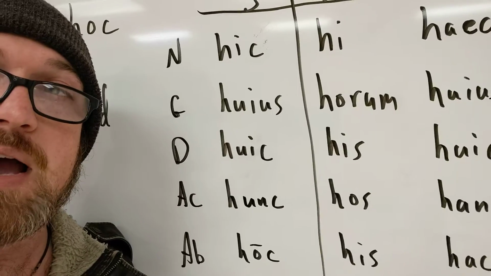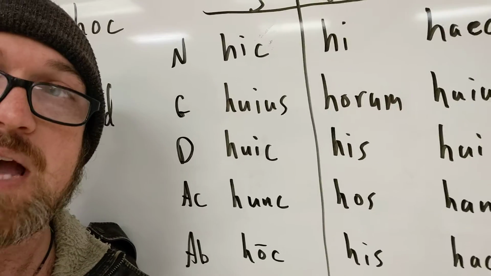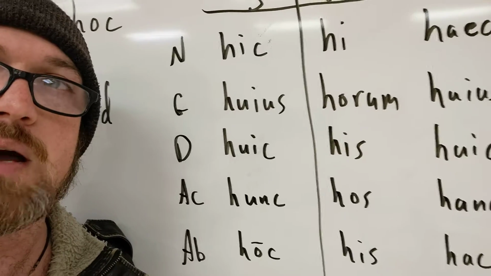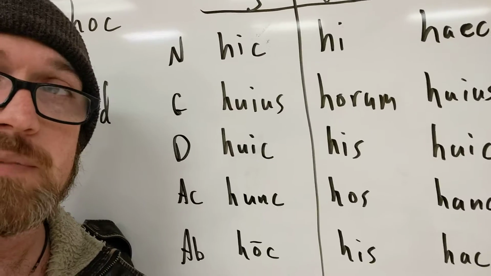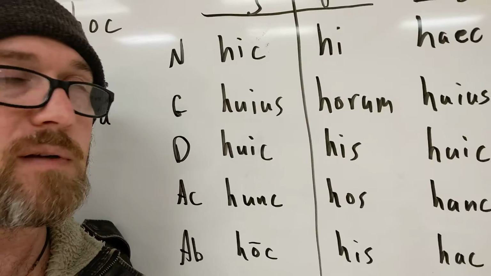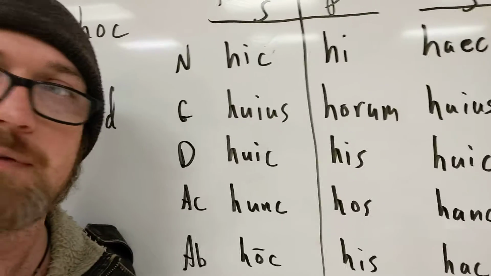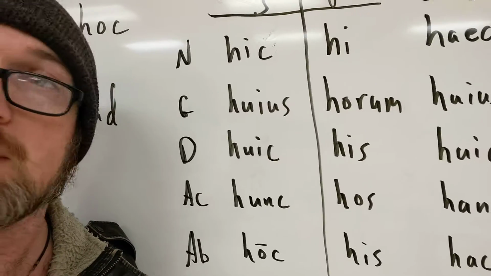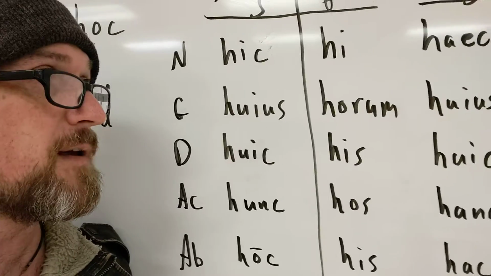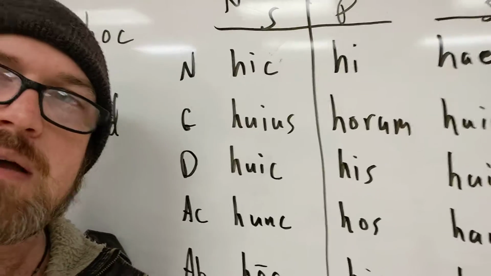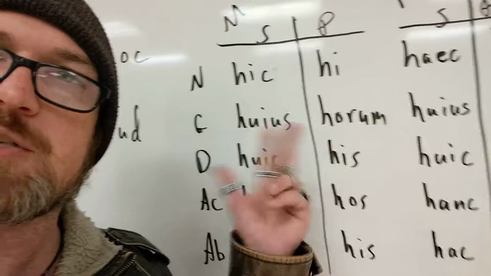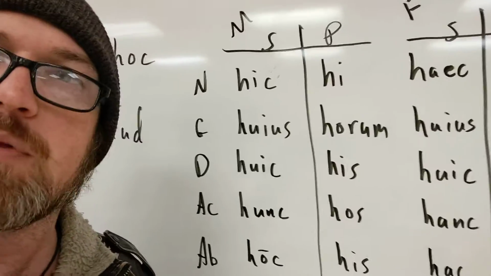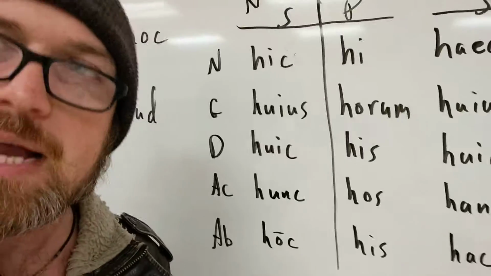If the i has a long mark above it, it is the adverb here and not the pronoun this. Now you're probably thinking that's dumb and I hate it. Well, that's fine. Homophones are a thing, right? They're a thing in all languages, especially in English. But it's not as if these are two random words that just happen to look alike minus or plus a long mark. They are actually related.